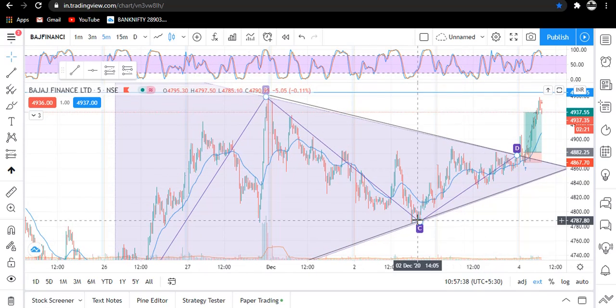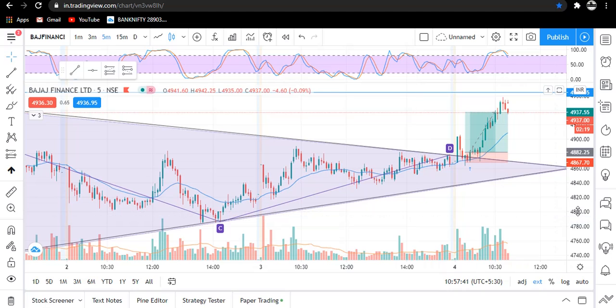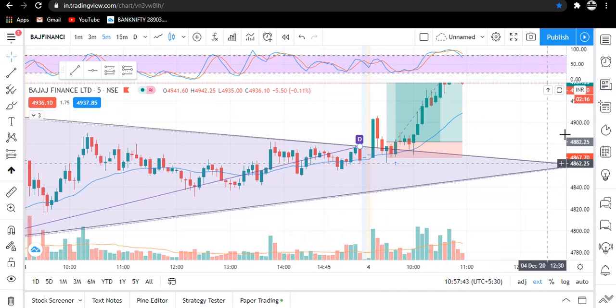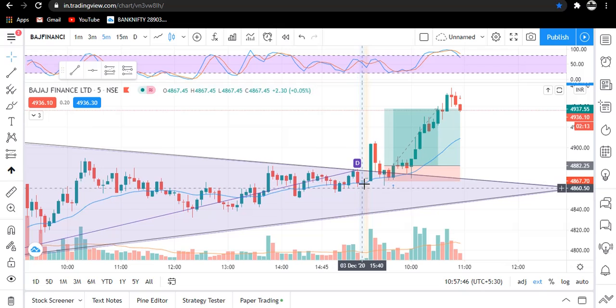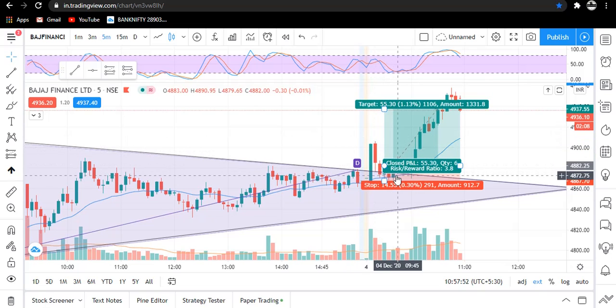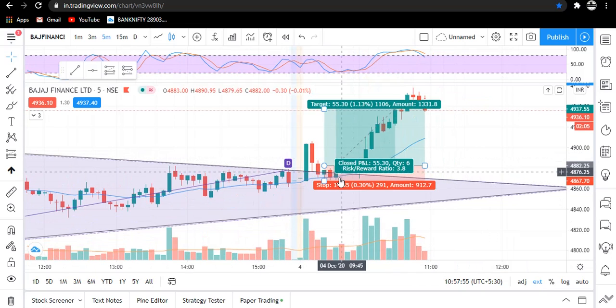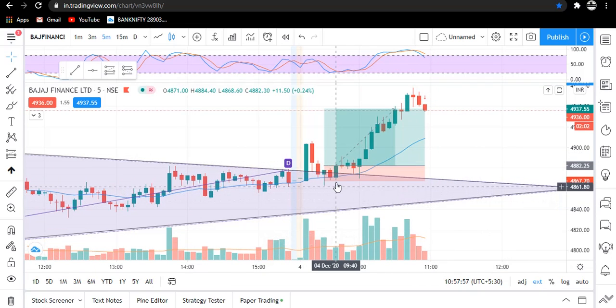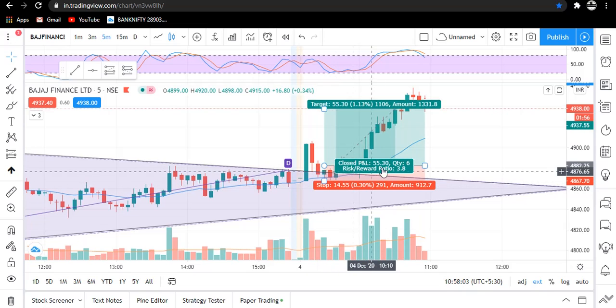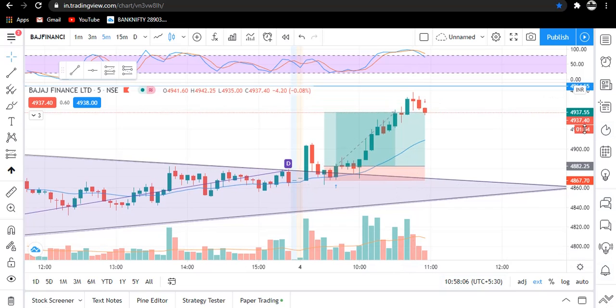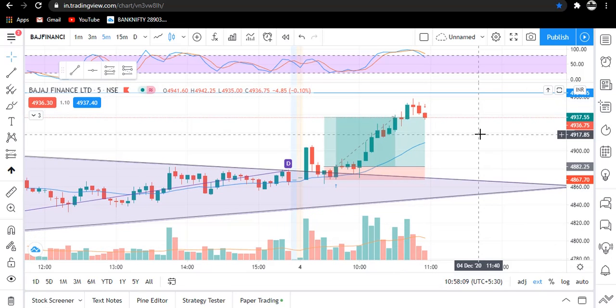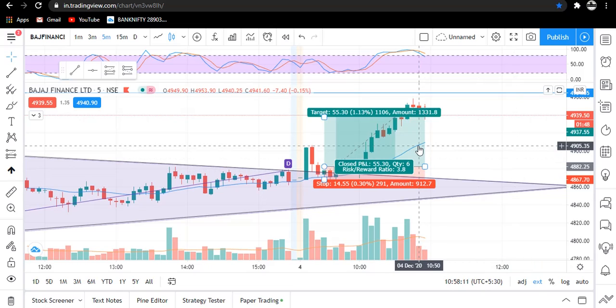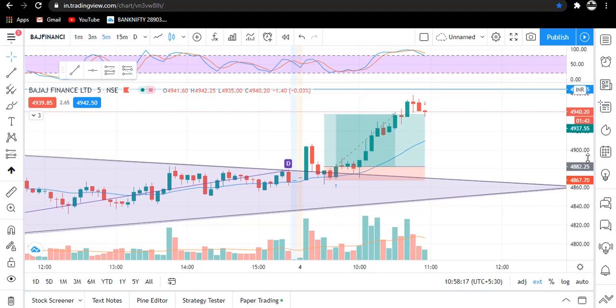Now coming to today's trade, what happened in the morning is that it gave a breakout of this triangle, then it came back for a retracement, and at the retracement we saw a big green candle here. So we entered the trade and here was our target. We kept trailing our stop loss and finally got our risk reward of 3.8, which is also very good, traders.